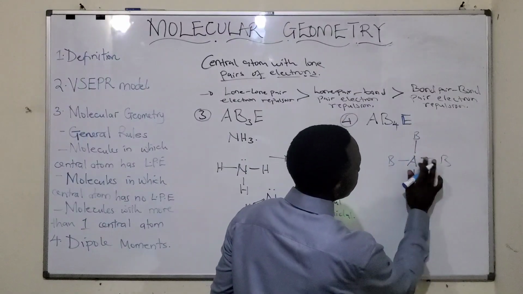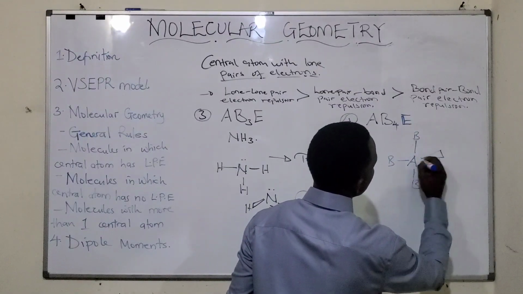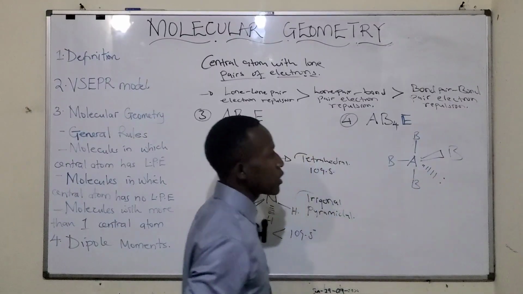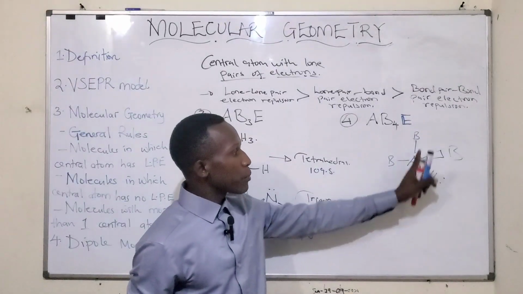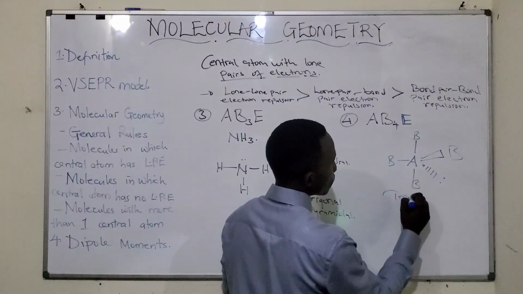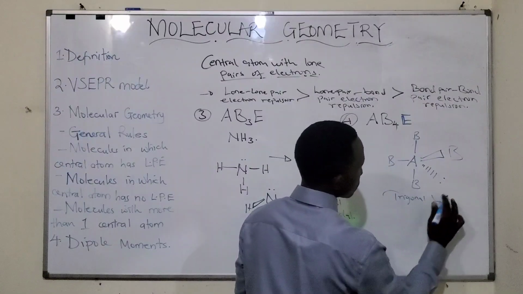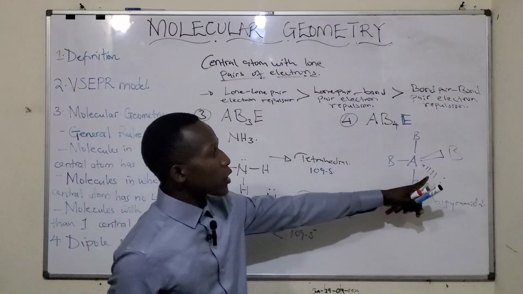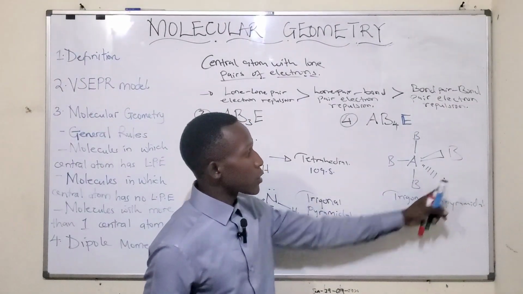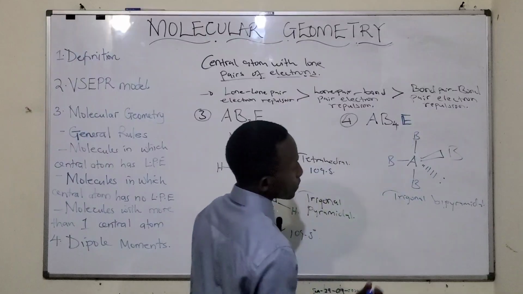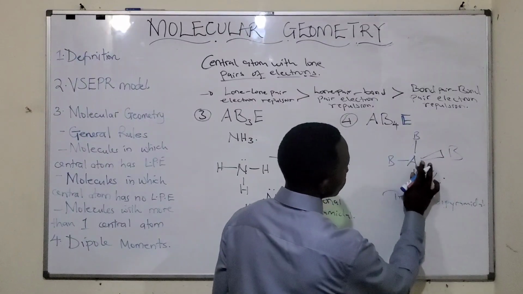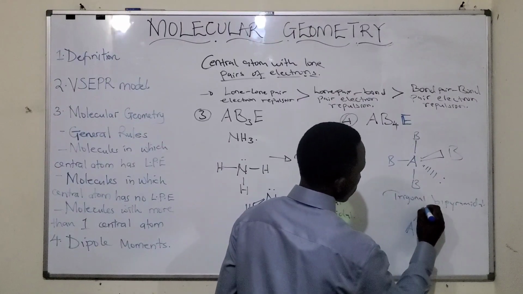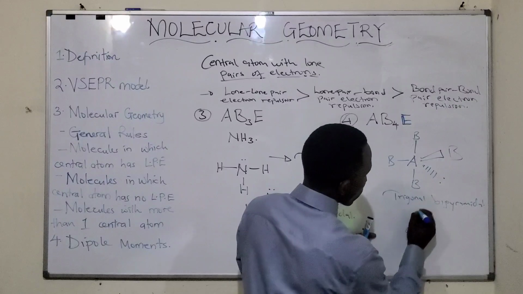So this is B. Take this one as the lone pair of electrons. If there was no lone pair of electrons, it would be trigonal bipyramidal. But now, one of the atoms is a lone pair of electrons. So this will change everything. This structure will change. It will be like this. We shall have the angle will reduce.